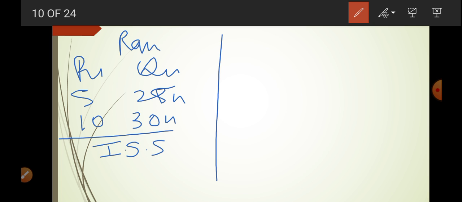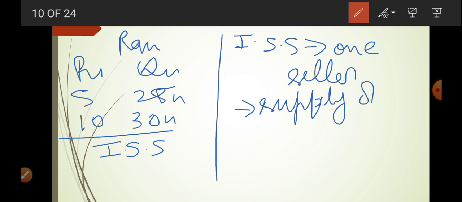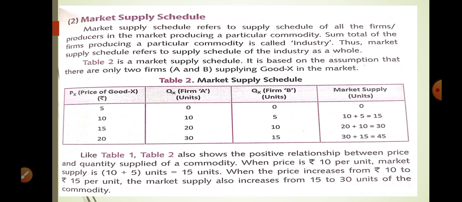It is related to one seller, the supply of one seller.